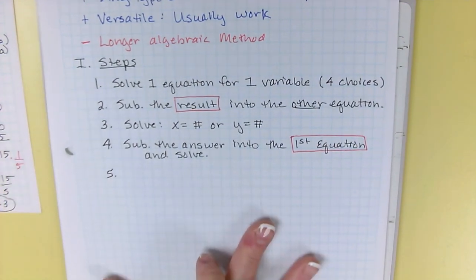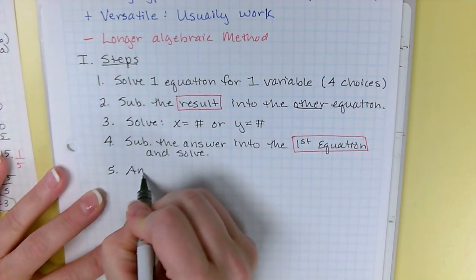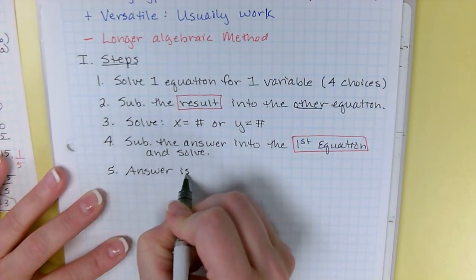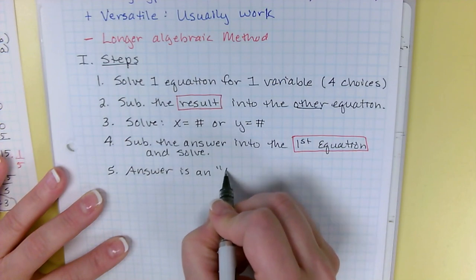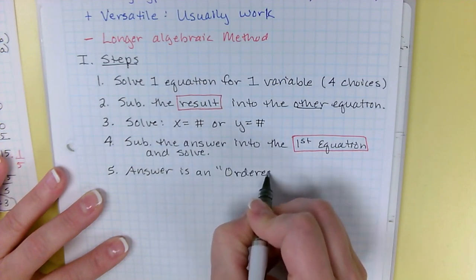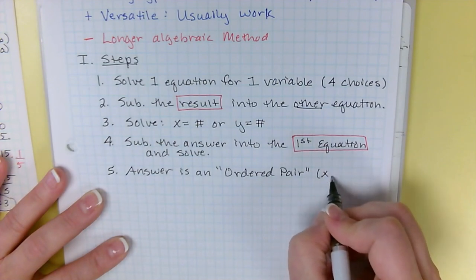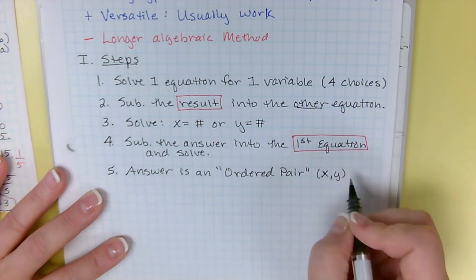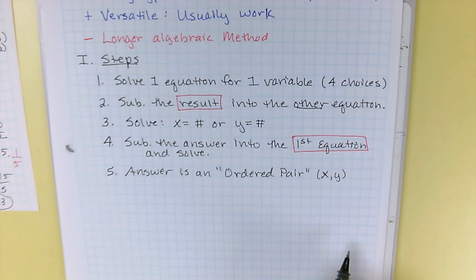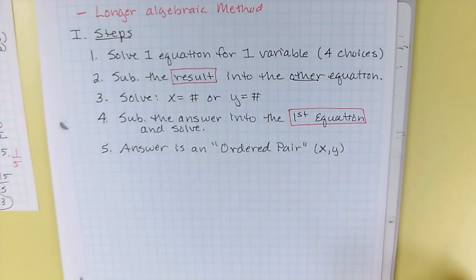All right, last thing, your answer is what we call an ordered pair, which usually means the x goes first and the y, they have to have a comma in between and parentheses around them. They cannot exist without each other. The answer must come as a pair. You can't have an x and not a y.